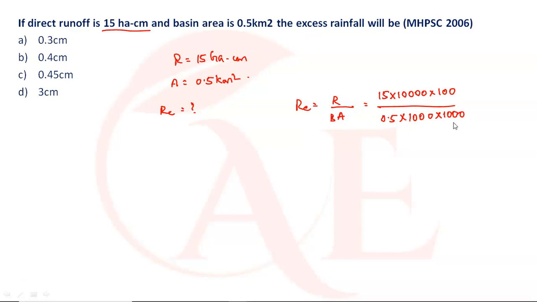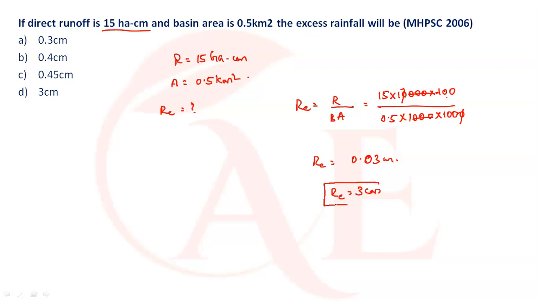So everything here is in meters. Cancel this and you can get the answer. Rainfall excess is equal to 0.03 meter. Therefore rainfall excess is equal to 3 centimeter. So option D is the correct answer.